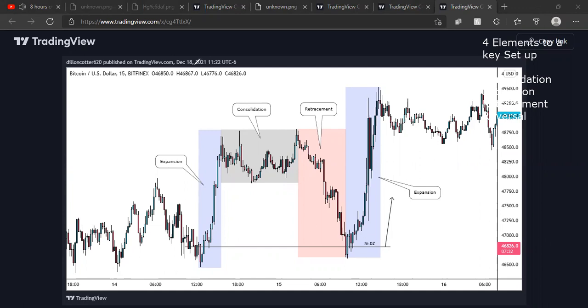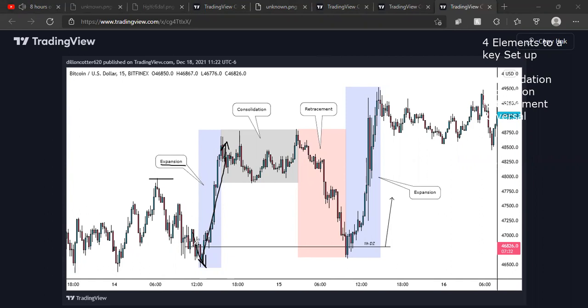We're on Bitcoin on the 15-minute time frame, but we have a 1 hour demand zone, a 1 hour point of interest. So what do we see? On the 1 hour, there was this last bit of selling before a huge break of structure to the upside, giving us that expansion.